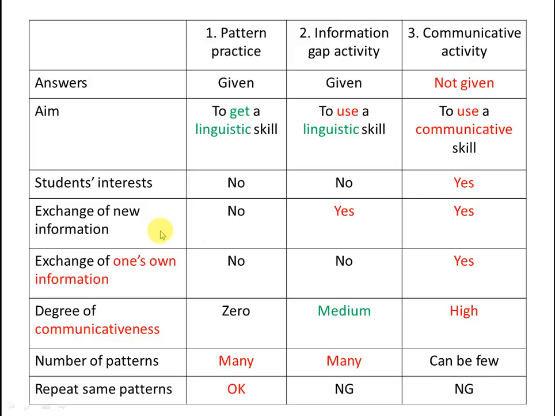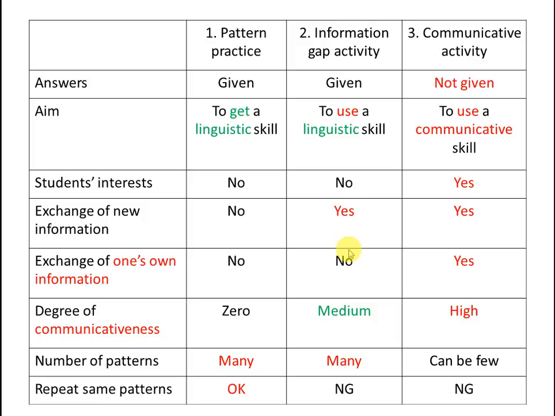And the next point is about exchange of new information. In pattern practice, the students do not exchange new information at all. But in information gap activity, they exchange new information, or information that some students don't know.